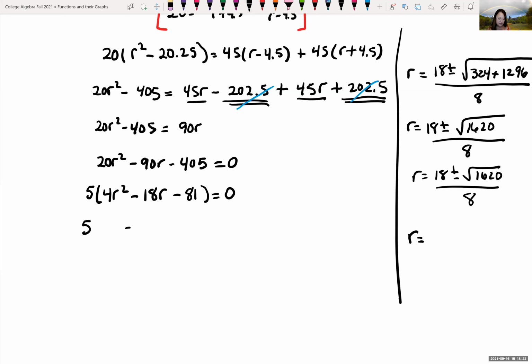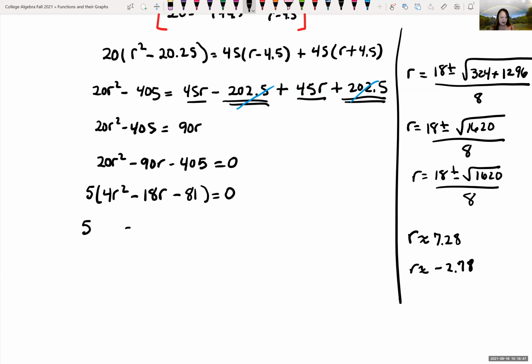And so this right here is approximately 7.28. If I subtracted 18 minus the square root of 1,620 and I divided by 8, this gives me negative 2.78, rounding to the nearest hundredths.